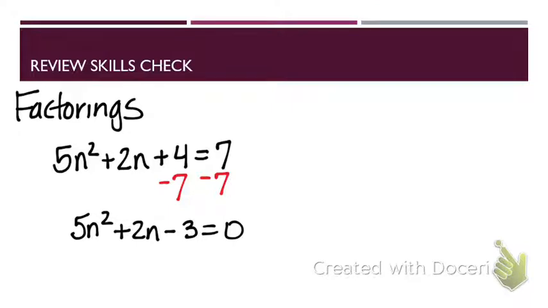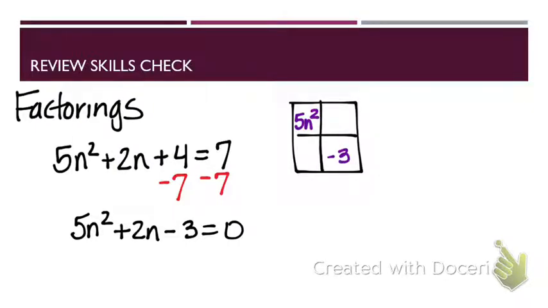And then from there, you should make a box. And when you make your box, the A term goes top left, and the C term will go bottom right. Any questions so far? Okay.